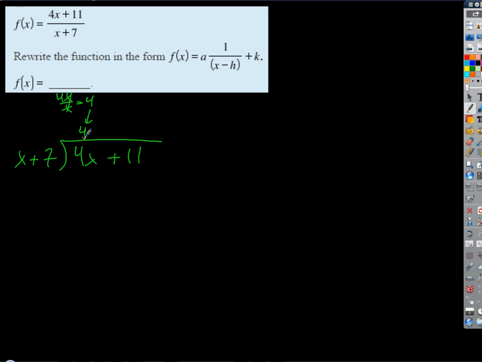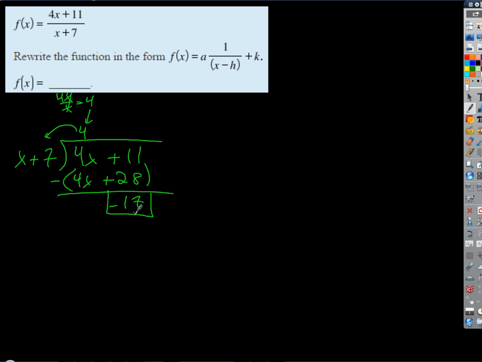So once I get a number out here, I'm just going to distribute it, right? 4 times x is 4x, 4 times 7 is 28, and I'll subtract the whole thing. So my 4x's cancel, and I just end up with 11 minus 28, which is negative 17 in the remainder box, because now x won't divide into that anymore, right?